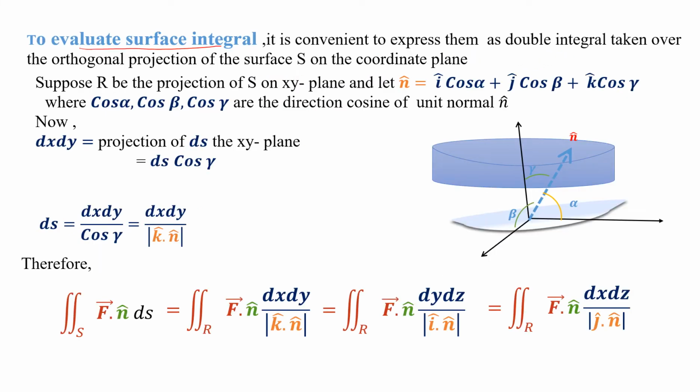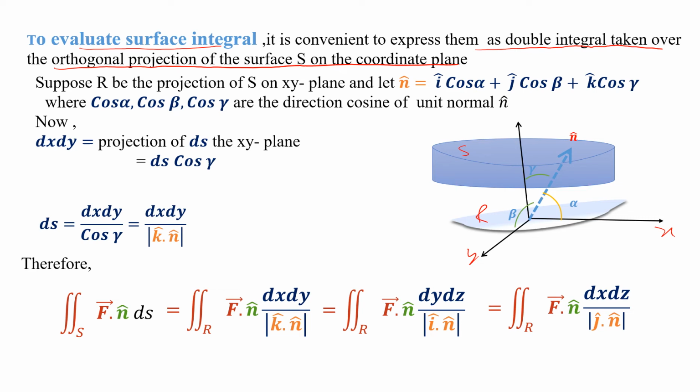it is convenient to express it as a double integral taken over the orthogonal projection of the surface on a coordinate plane. Suppose this is the surface S and this is the projection R on the xy plane.